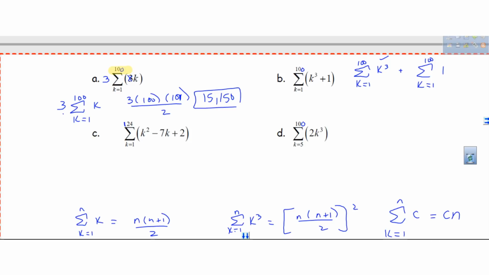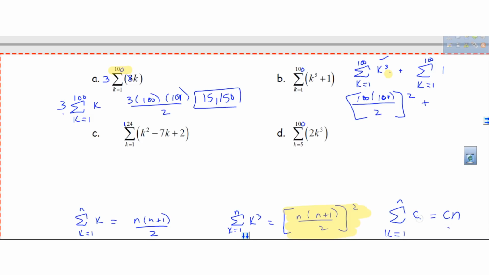So every place I have an n, I'm going to put a 100. So this k to the third is going to follow this formula, and where I see an n, I'm going to put in 100. So this is 100. 100 plus 1 is 101. Whole thing's divided by 2, and it's squared. Then I'm going to go plus. Now I'm using this formula.